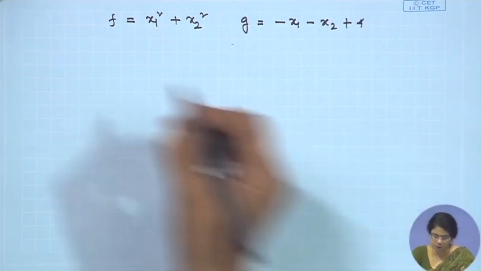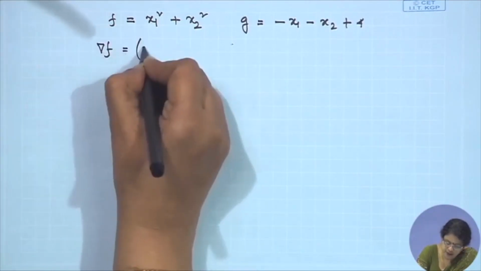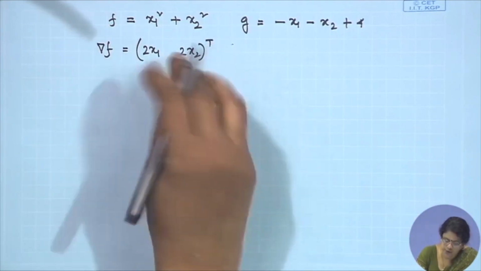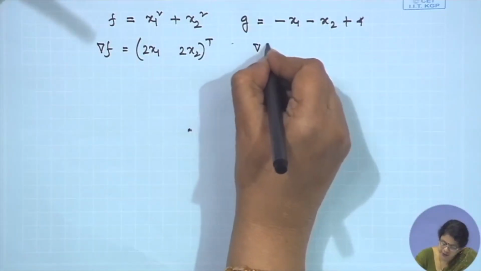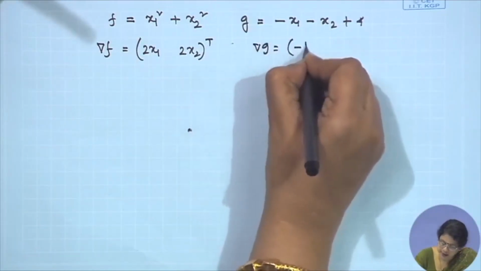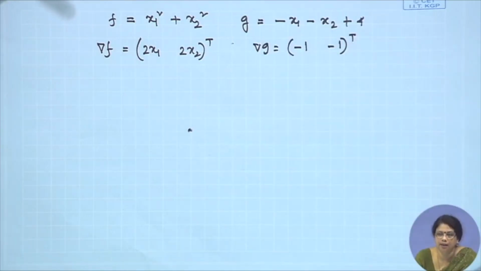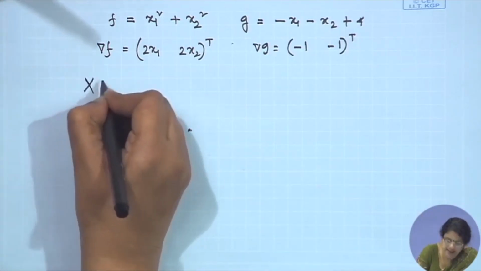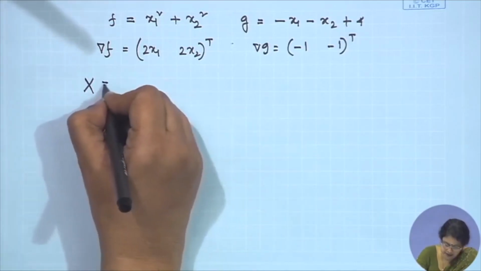If we do so, then what is your grad f? Grad f would be 2x1, 2x2 transpose, because that is a column vector. Grad g would be minus 1, minus 1, that is again a column vector, that is why we are putting it as a transpose. Let me take one point x, any point within the space.